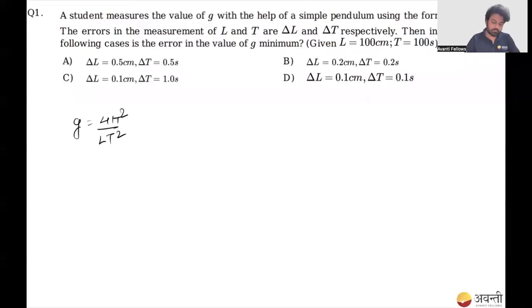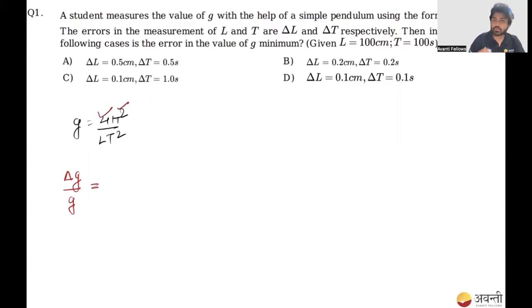So how we will do it? How we will find the change? We will write delta g upon g is equal to, 4 is constant, pi is constant, right?